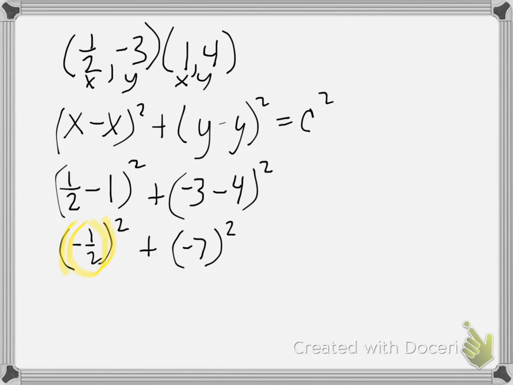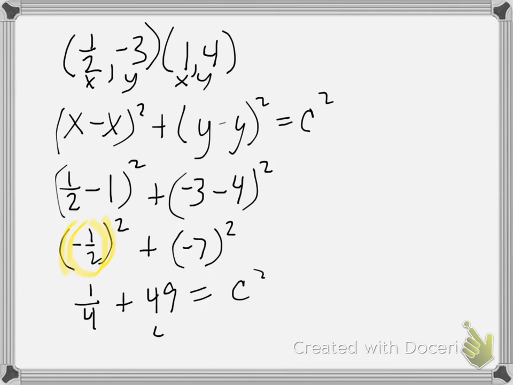So just make sure you toss parentheses around there, or that you manually do it, like negative 1/2 times negative 1/2. But if you're going to use a squared button, make sure you toss parentheses in there. So negative 1/2 times negative 1/2 is a positive 1/4. Negative 7 times negative 7 is a positive 49.